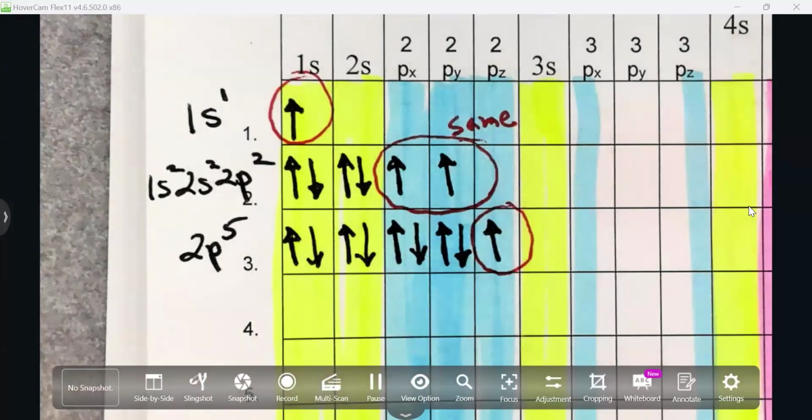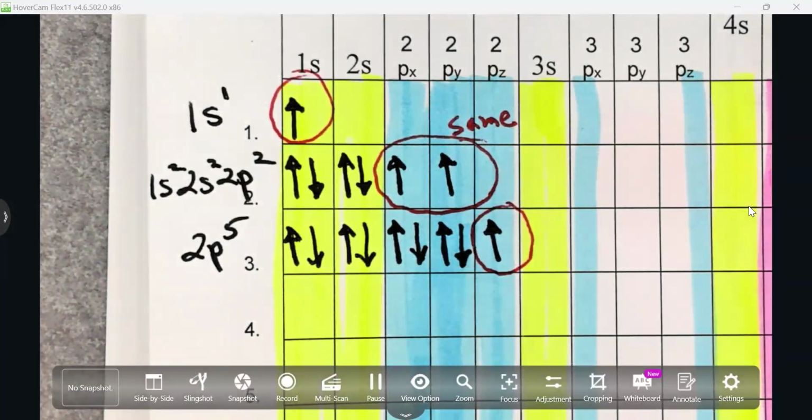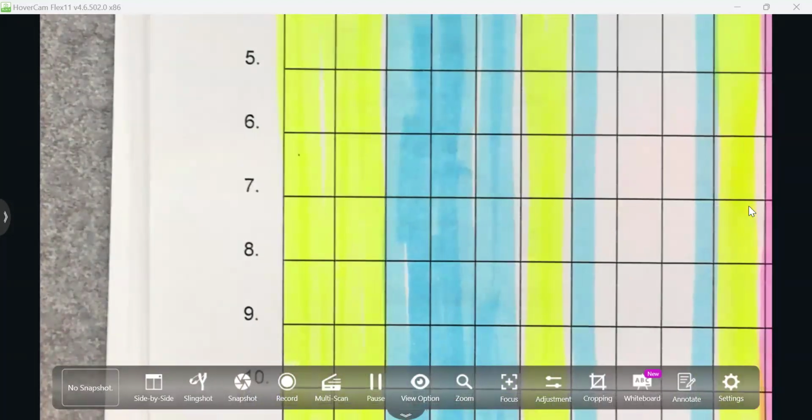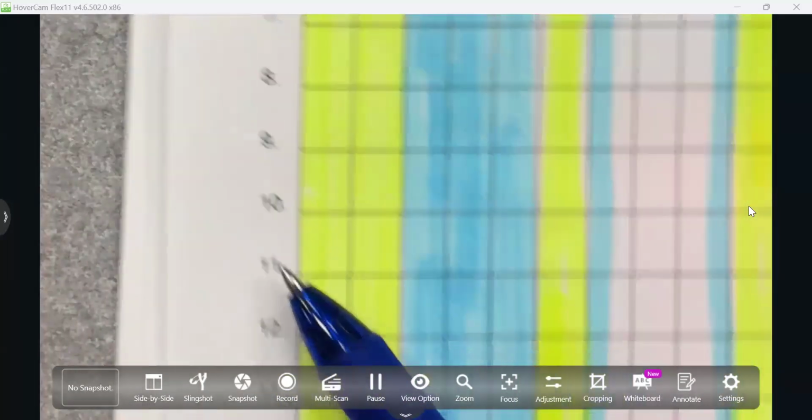Okay. Let's go to number 14. Now let's do 11. 11 was my iron.